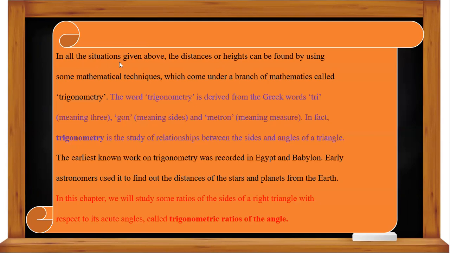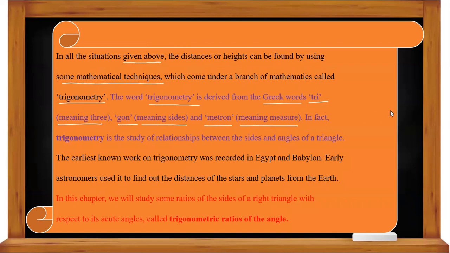In all the situations given above, the distance or the height can be found by using some mathematical techniques, which come under a branch of mathematics called trigonometry. The word trigonometry is derived from the Greek words tri, that means three, gon, that means sides, and metron, that means measure.